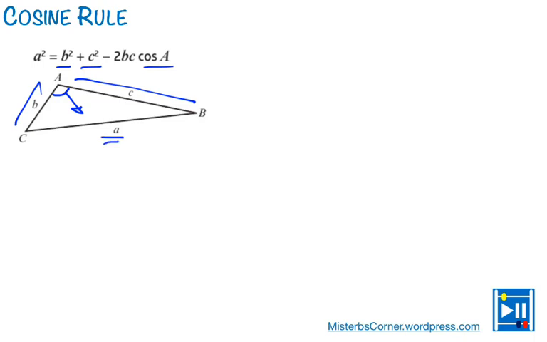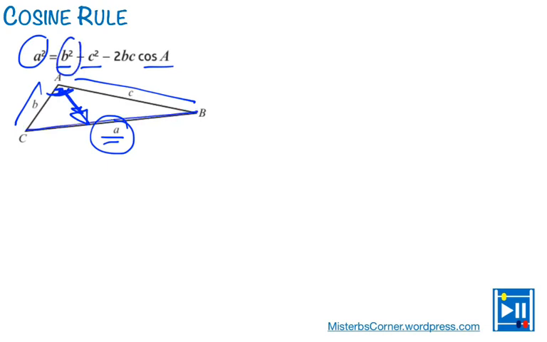So what happens is, every single time for the given angle, you have to leave the side length across that angle alone. So a squared here will be isolated, and this side is the one across the angle given, alright?